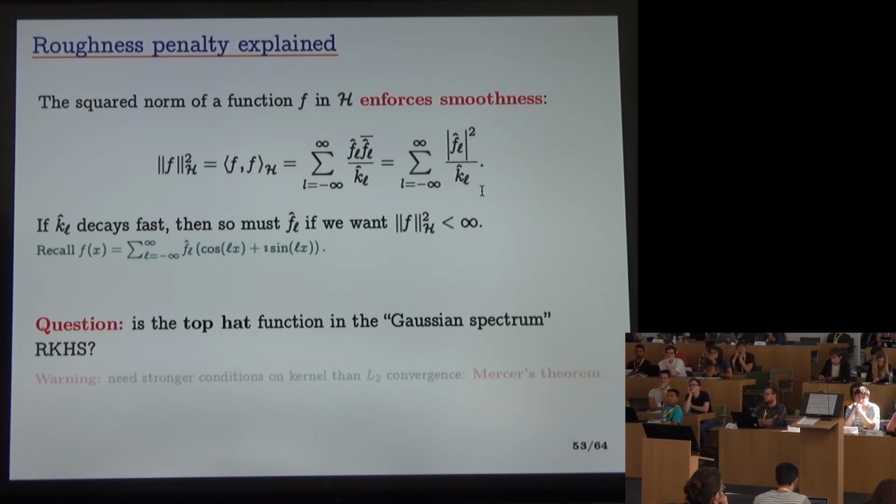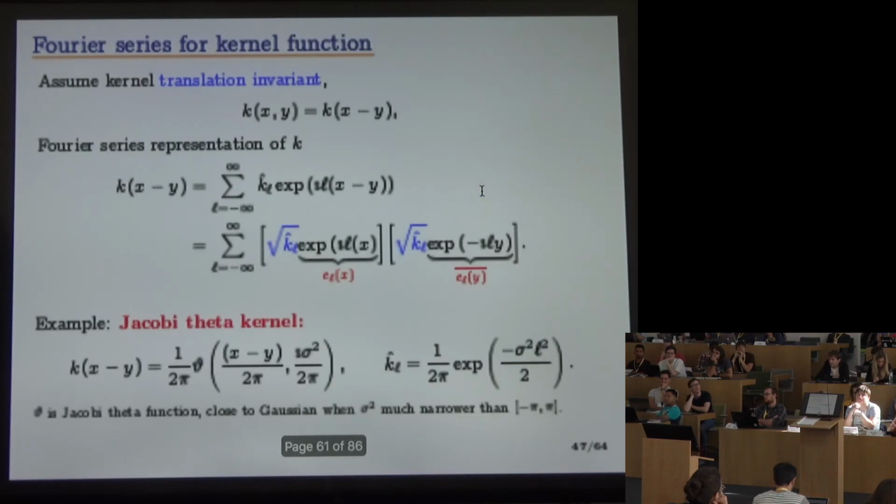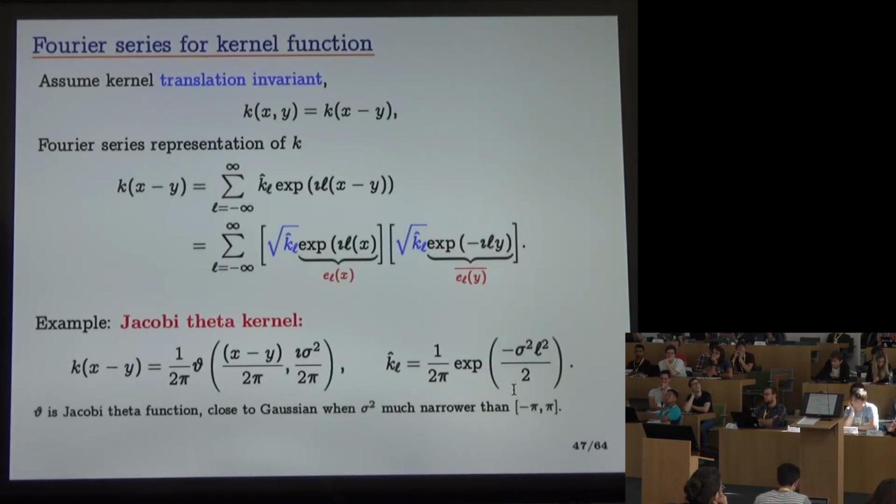Let's look at the k hat l for this case. K hat l decays exponentially as e to the minus L squared. That's a very fast decay. So I've got 1 on something that decays exponentially. That means it's growing exponentially.